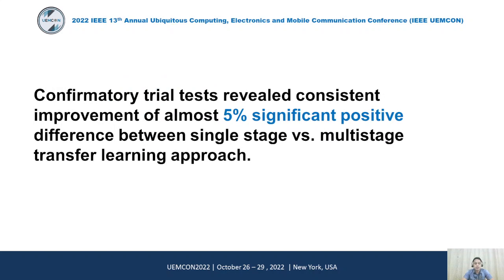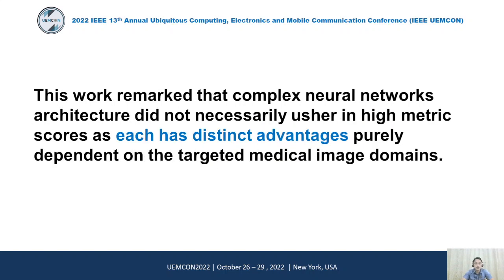Confirmatory trial tests revealed that our multi-stage transfer learning approach has a 5% significant positive difference over the classical single-stage transfer learning. This work remarked that complex neural network architecture did not necessarily usher in high metric scores, because each neural network architecture has its own advantages or disadvantages based on the medical image domains.